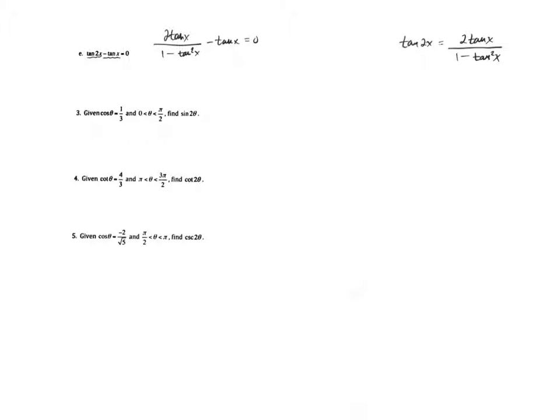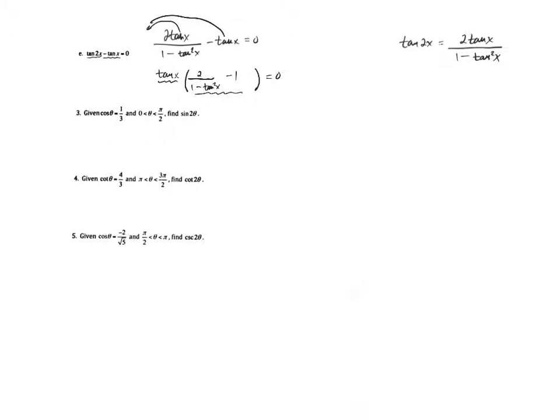So if we take that factor out, we get tangent of x. And when we pull this tangent of x out of this factor, we're left with 2 over 1 minus tangent squared. And when we pull the tangent out of that, we're left with a negative 1, and that's equal to 0.